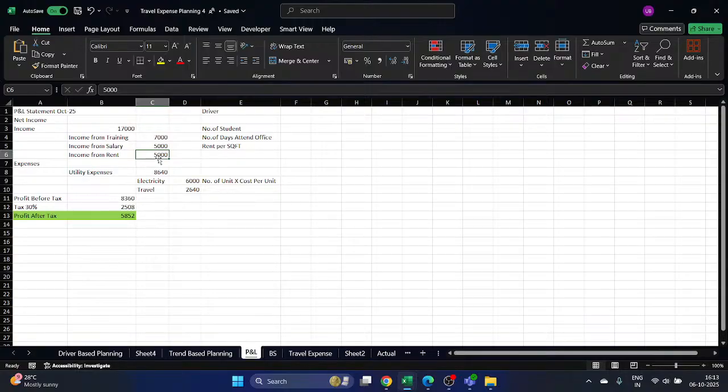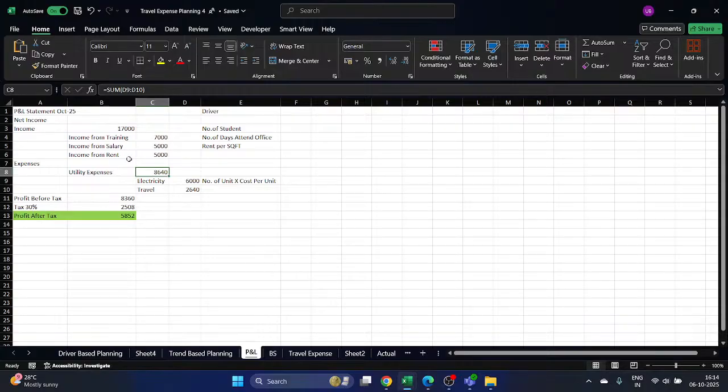So salary, rent, and training are different incomes, and the expense would be quite different. Here the expense is utility expense. Utility expense is around 8640, electricity and travel. 8640 is the utility expense, and training, salary, and rental expense are quite different.